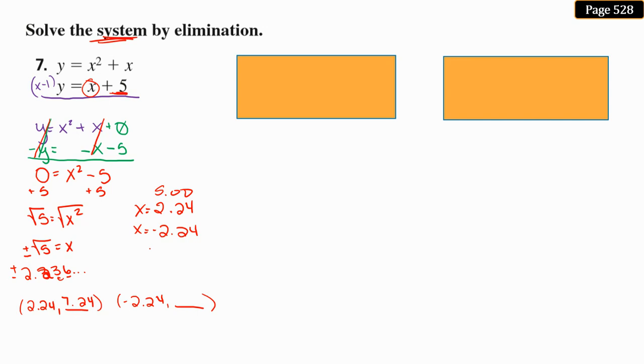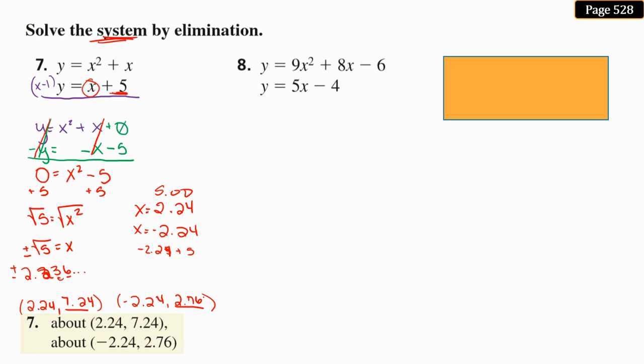And then negative 2.24 plus 5 gives you a 2.76. So our y value here is 2.76. Okay, so about 2.24 and 7.24, and then about negative 2.24 and 2.76.